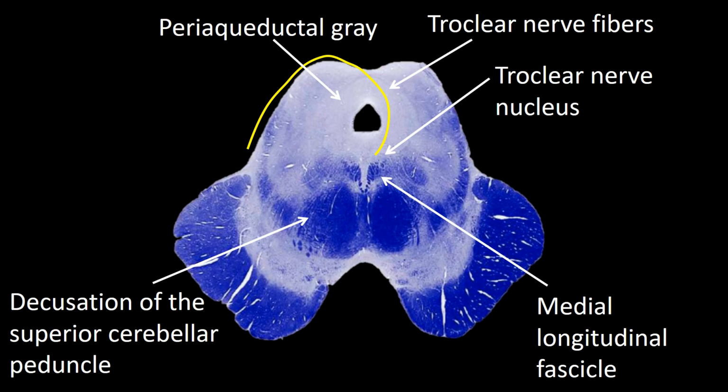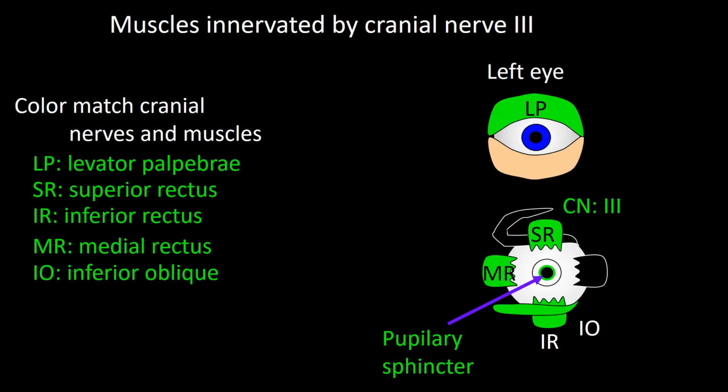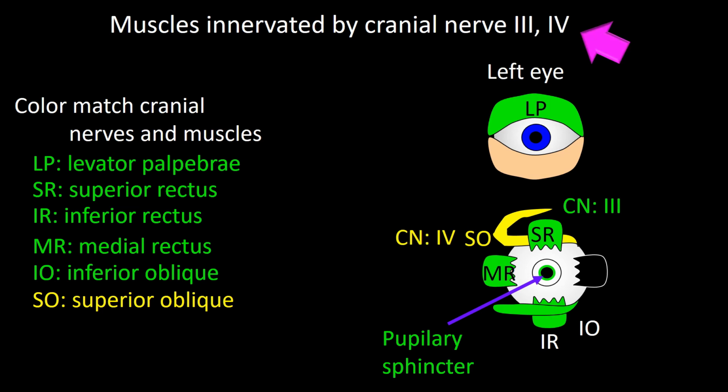Notice that it originates contralaterally to its intended target, the superior oblique muscle. In this diagram, I am now adding the superior oblique muscle, which I have just colored, and added the Roman 4 to indicate that it is innervated by cranial nerve 4.